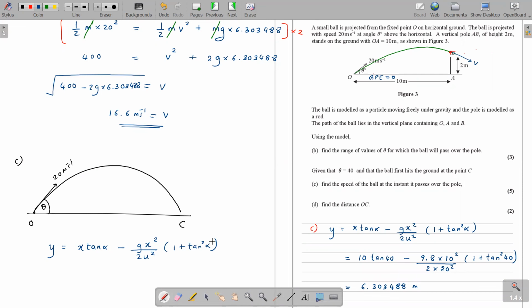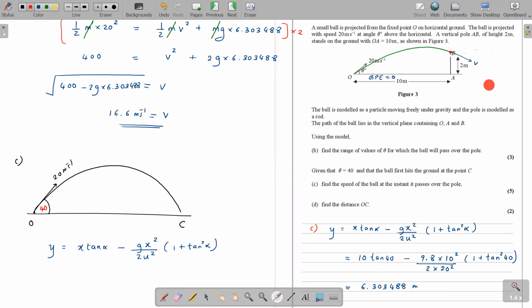I think the theta value was given to you as 40. So when you hit the ground, your y becomes 0. Now, can we use x as 10?